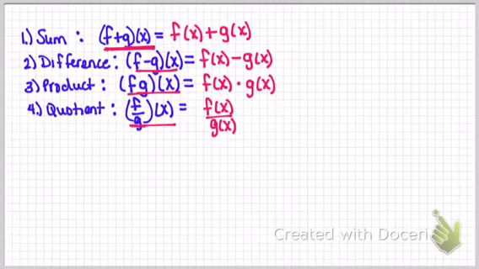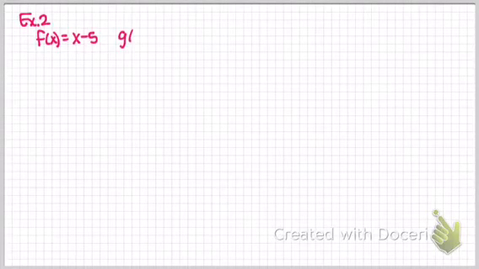Alright, so let's try example 2 here. Example 2 tells us we're going to combine functions. Let me write it out. Example 2 says let f of x equal x minus 5 and g of x equal x squared minus 1. It says to find each of the following.